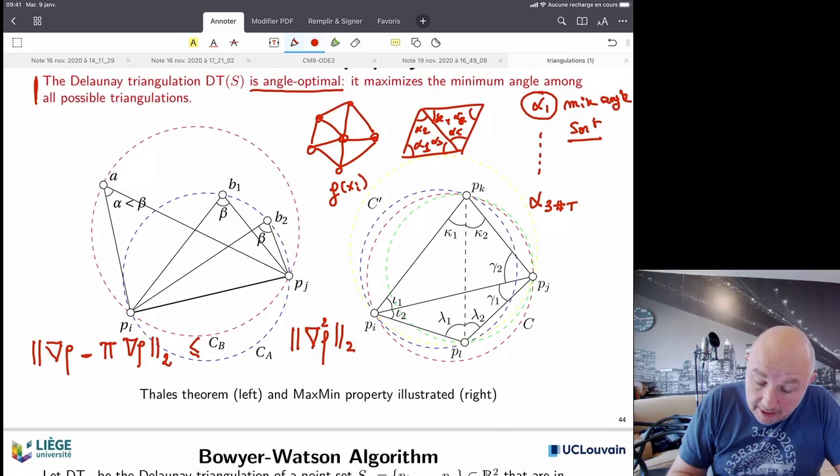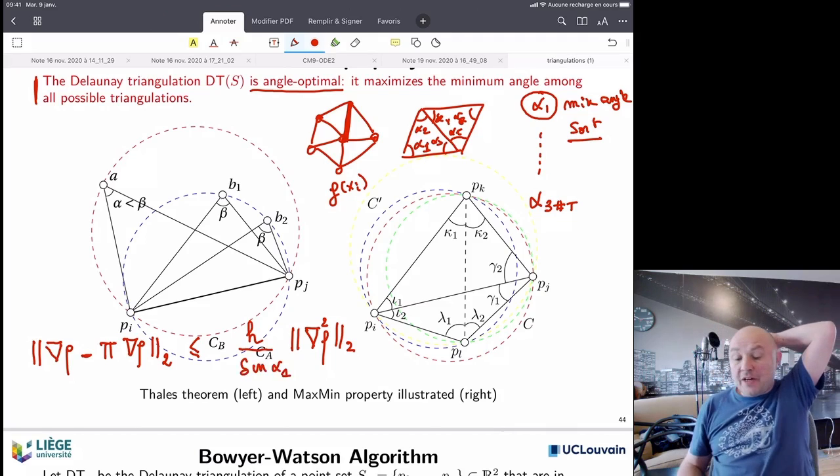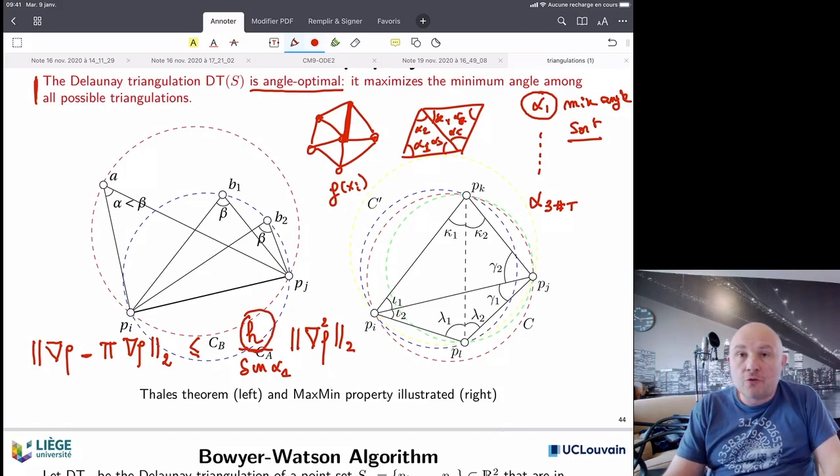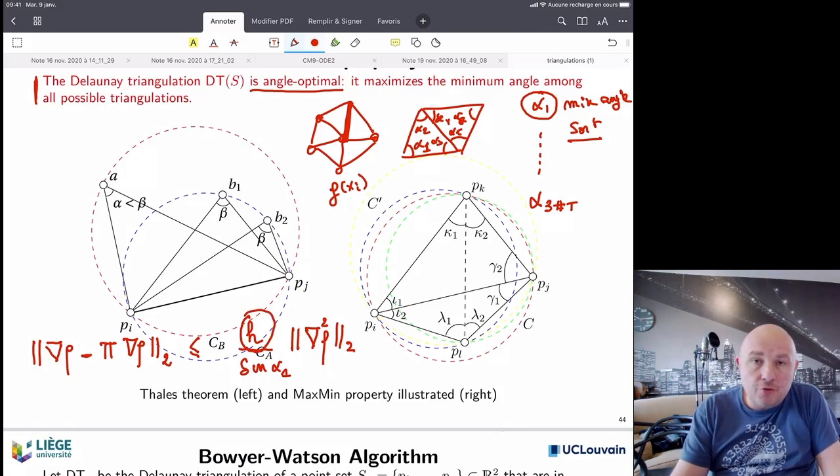Here there is h, which is the largest edge of the triangulation, and you divide that by sine of alpha 1. So what does it mean? It means that of course you don't want to have a very large largest edge, the worse is the interpolation.